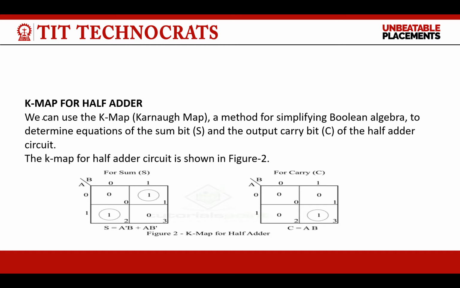First, design a 4-cell K-map for the sum and a 4-cell K-map for the carry. Then put all the values of zeros and ones from the truth table.